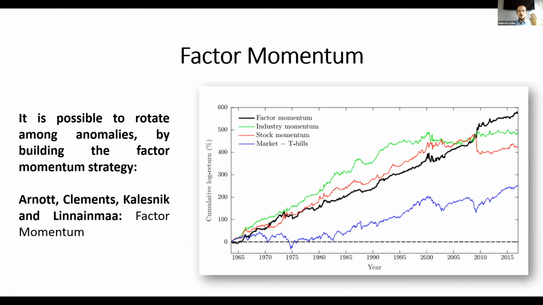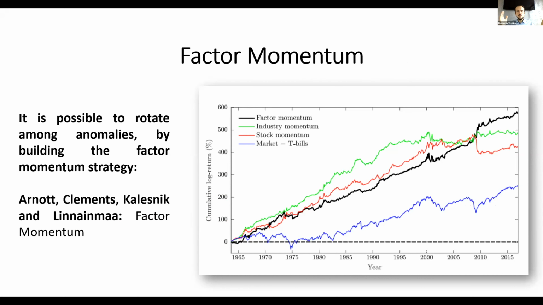Moreover, the decrease in a strategy's performance could be avoided by early adopting the ideas from the working papers. So it's possible to rotate among multiple anomalies or factors, trying to pick the best performers and include this set of anomalies and strategies in a diversified portfolio.